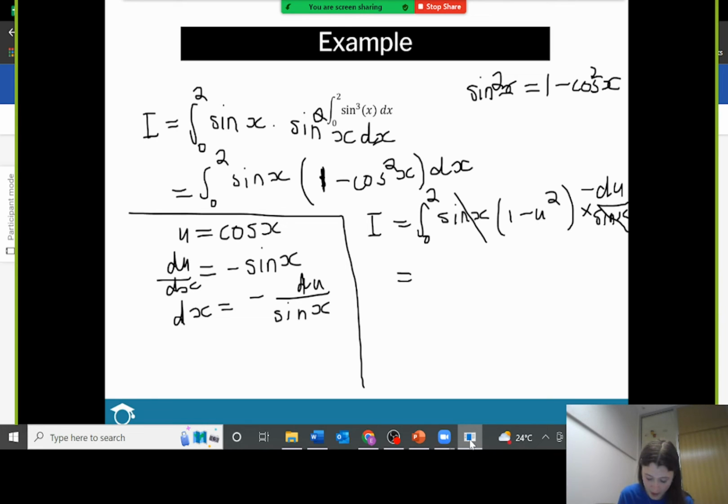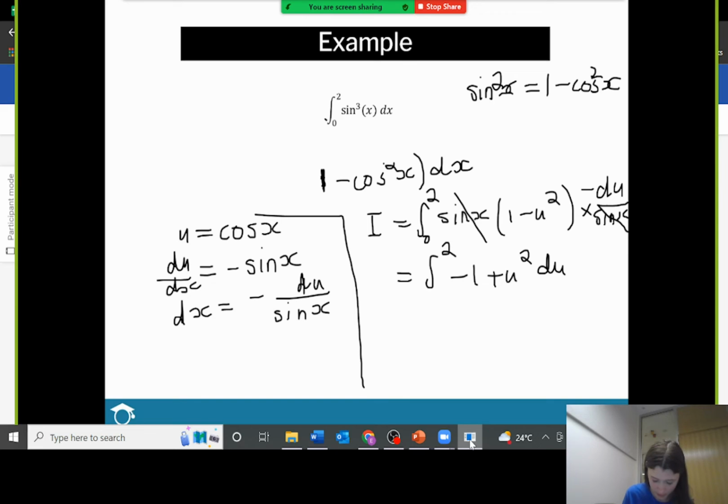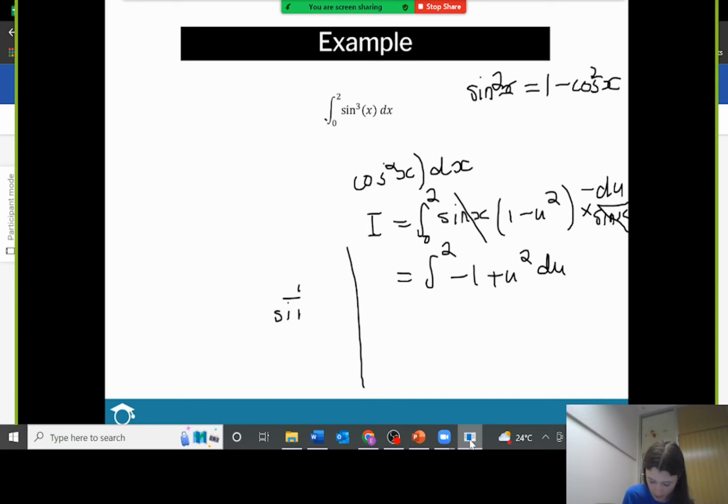So we are now finding the integral of negative 1 plus u squared with respect to u, which is a lot simpler than what we initially had. And this gives us, I'll just rub this out so we can keep working.